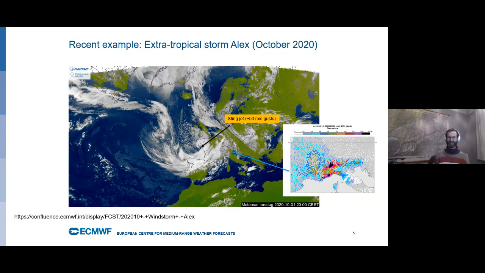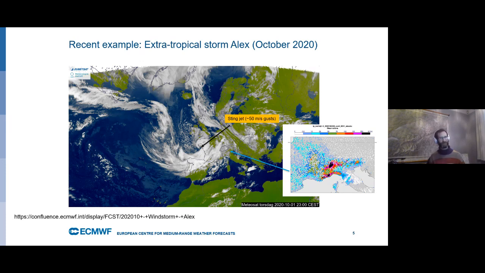So to show you what type of different aspects we can pick up from a case, I will use a recent example, which is the extratropical cyclone Alex that hit most parts of Western Europe in the first days of October this year.